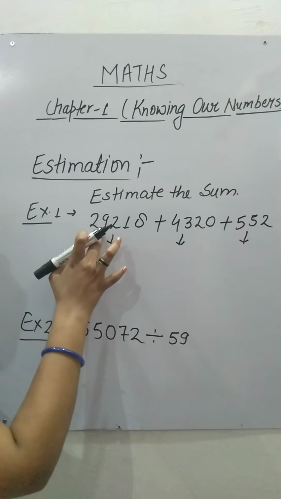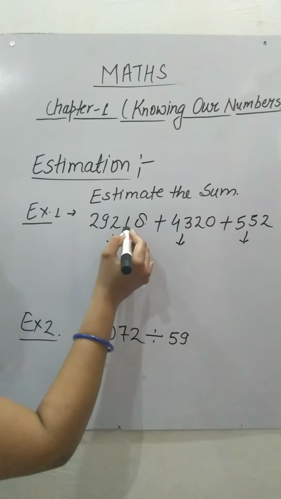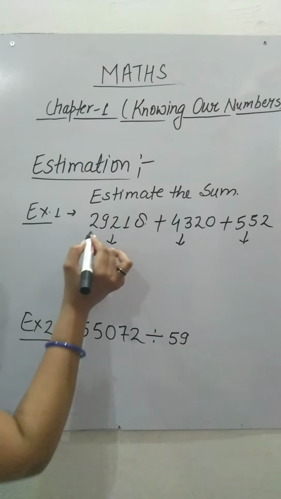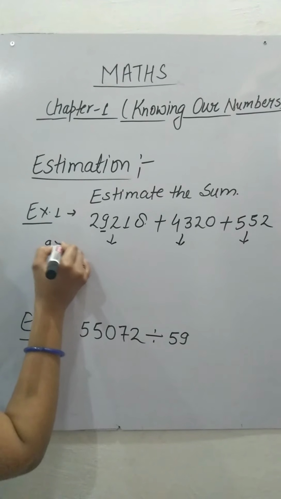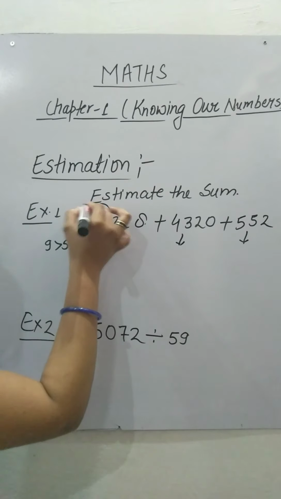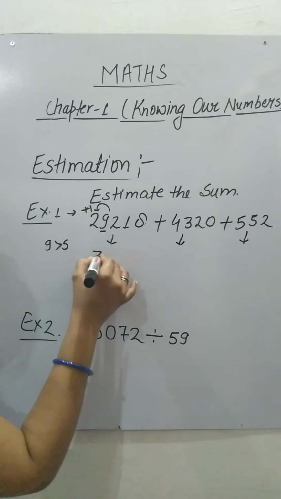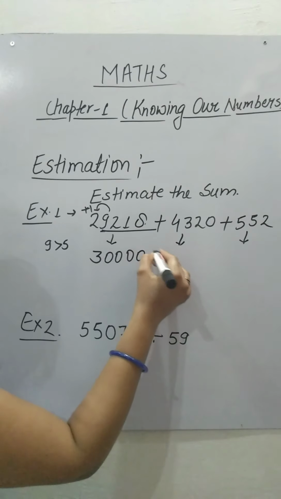Now we round this number to its highest place: ones, tens, hundred, thousand, 10,000. The nearest 10,000 digit is 9. 9 is greater than 5, so we add 1 to the last place, that is 2 plus 1, that is 3, and all the digits are 0.